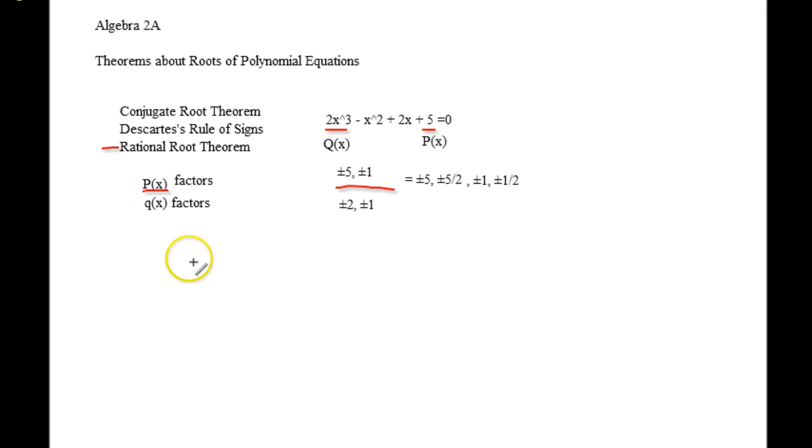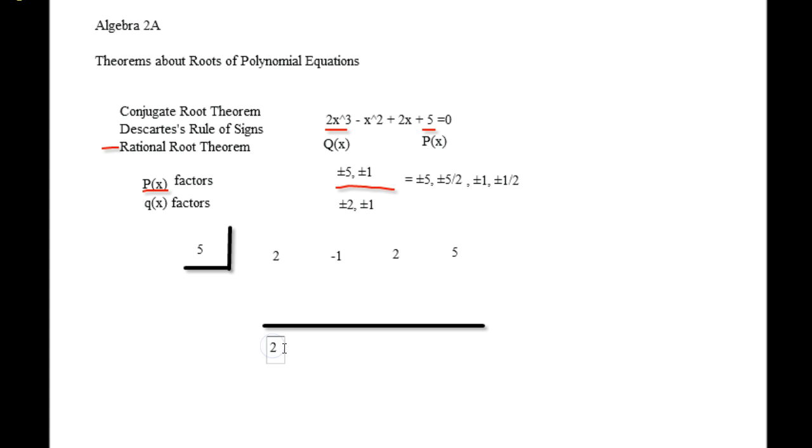Okay, all right, so if we do synthetic division, okay, we set it up. We're definitely going to have the 2, the -1, the 2, and the 5 in here. Alright, and so we test it out. Let's say we test out the 5.